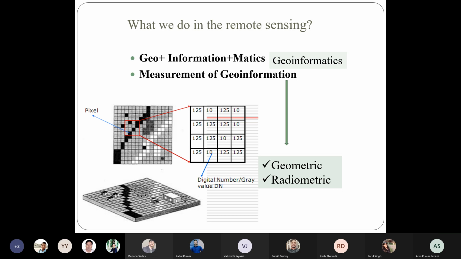That digital number represents the magnitude of energy coming from the actual ground cell. There is a small square block on the ground, and the information reflected back from that block is given a certain number based on the energy magnitude. That's why it is called radiometric information.